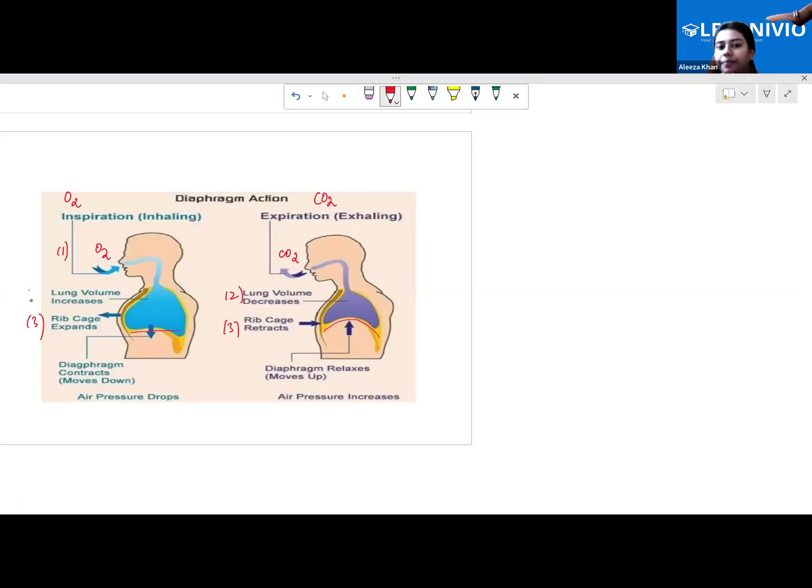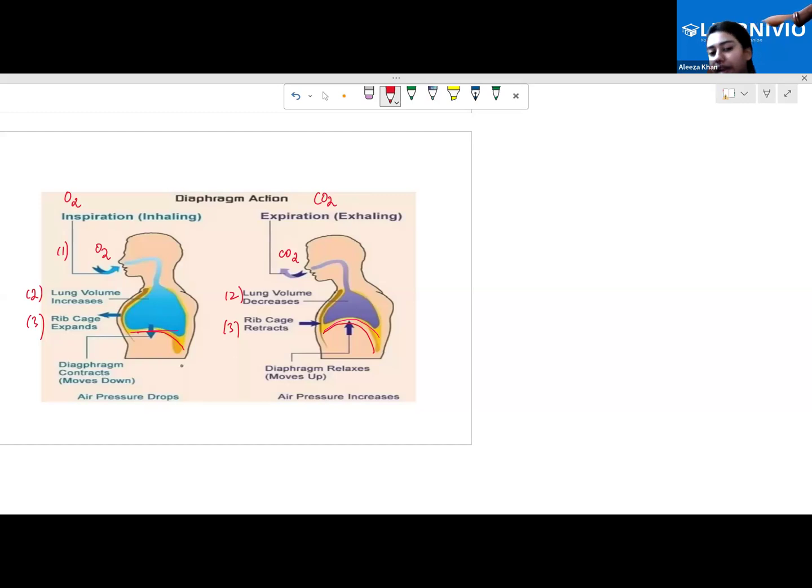Now, what is the diaphragm? Ma'am, it's something right below the rib cage, right below your lungs. Yes, the diaphragm is also a muscular organ that contracts and relaxes whenever air is entering and exiting your body.